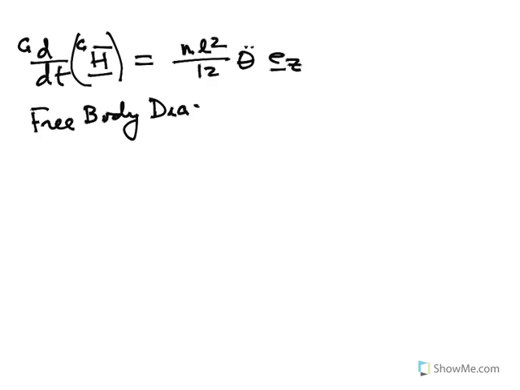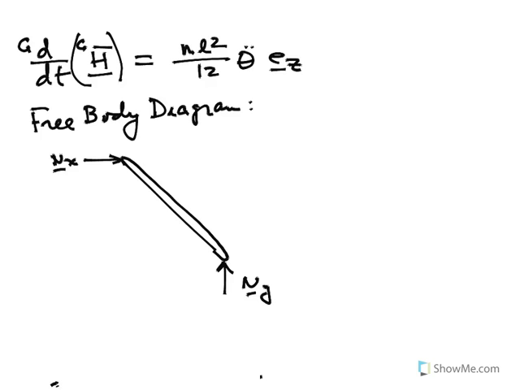So if I draw the free body diagram, what have we got? Well, we have this arm. What are the forces acting on this arm? There's a force N sub x, there's a force N sub y, then there's a force mg.